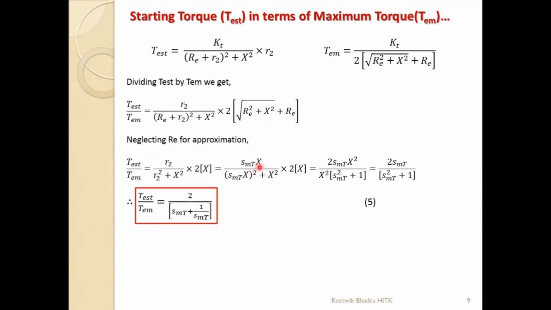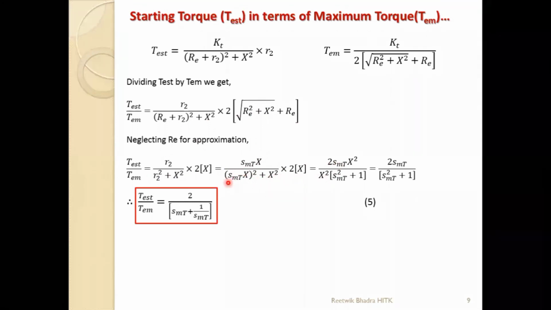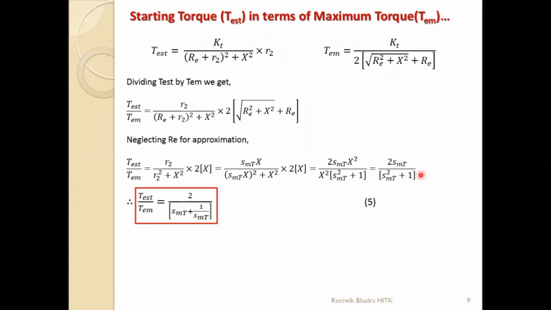So replace it, R2 is equal to SmTx into twice x by SmTx whole square plus x square. So this x and x multiplies, so twice SmTx square divided by, you take again x square common. So x square if taken common, there will be a term SmT square over here and 1 over here. So this x square and x square cancels out. You will get twice SmT by SmT square plus 1.